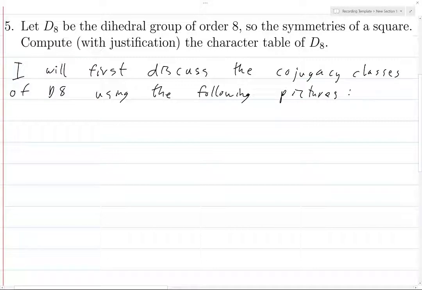So there's 5 conjugacy classes of D8, and I'm not really going to prove that these are the conjugacy classes. Rather, I'm going to show you how you would find them and try to convince you that they are the correct conjugacy classes. This problem says, let D8 be the dihedral group, the symmetries of a square.